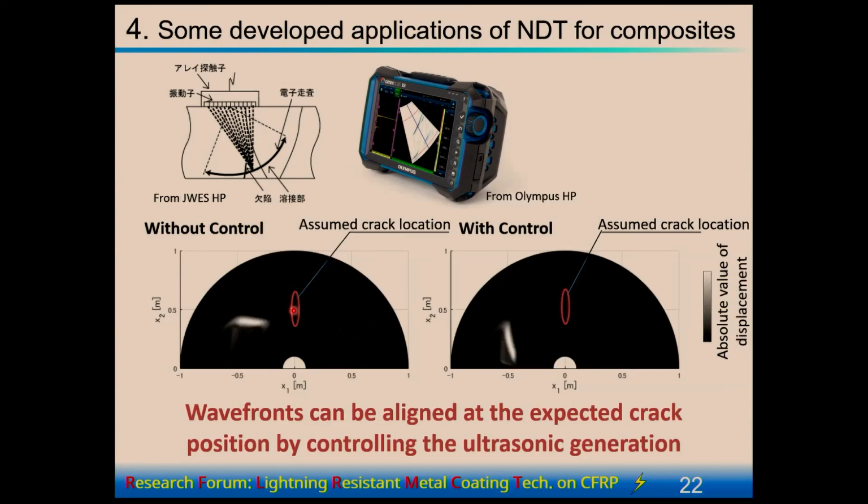So it is not suitable. And if we control the ultrasonic generation, as you can see, the ultrasonic propagation direction becomes perpendicular to the damaged surface. So a strong reflection can be obtained. So we need to control ultrasonic propagation when the carbon fibers in CFRP are curved.